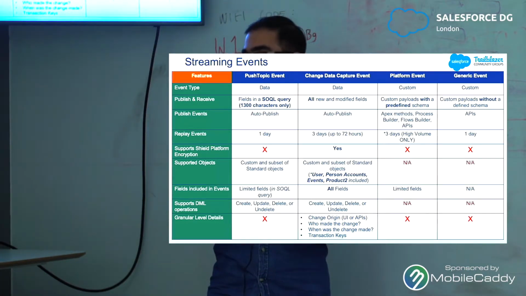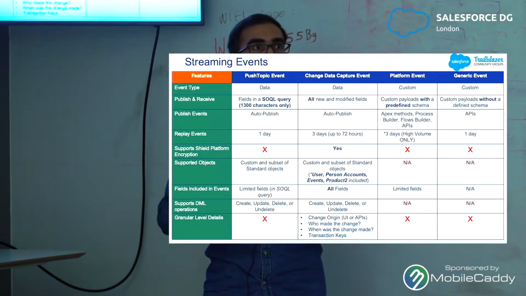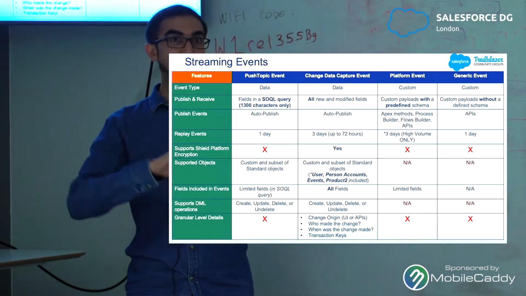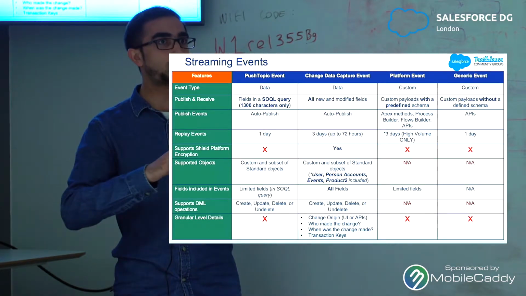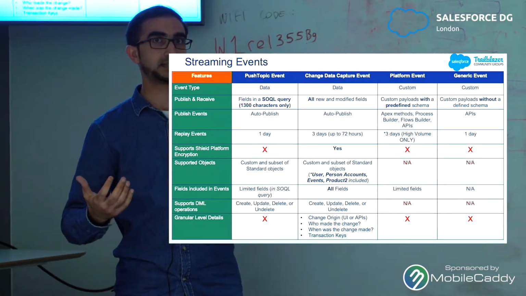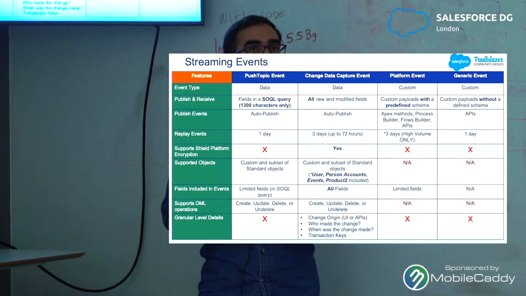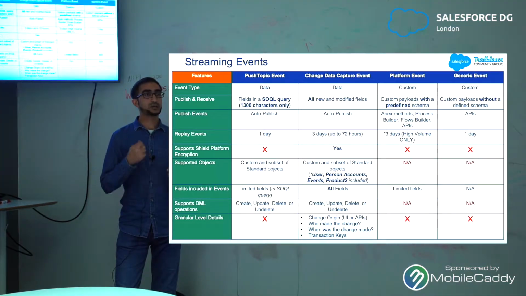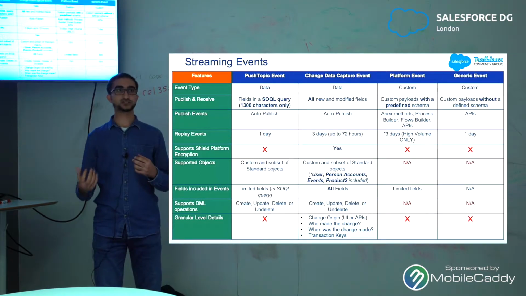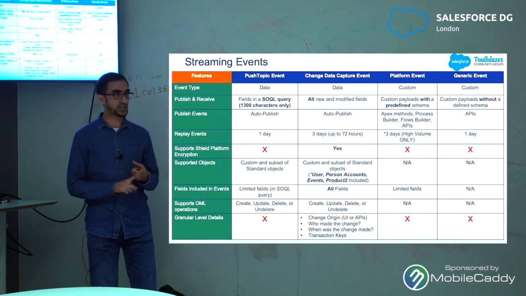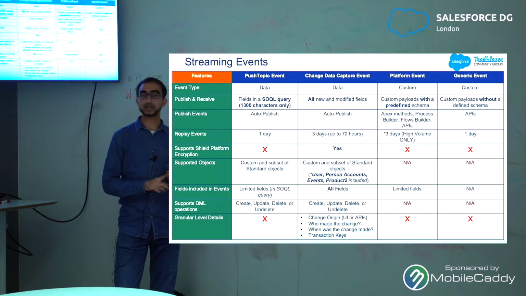On the other hand, with change data capture events, you are interested in all changed fields in a specific object or multiple objects. Also, with change data capture, you will be interested in detail level information of the transaction, such as who made the change, when the change was made, and a proper transaction based approach.